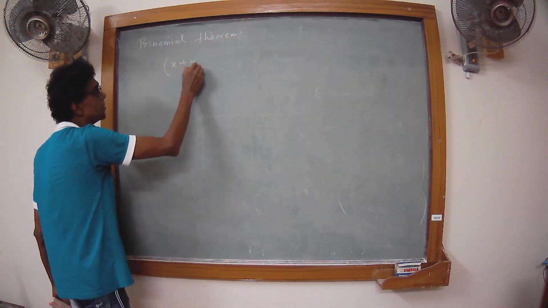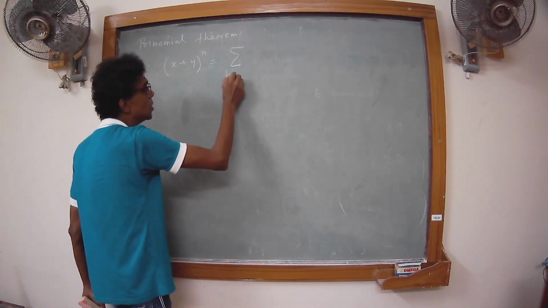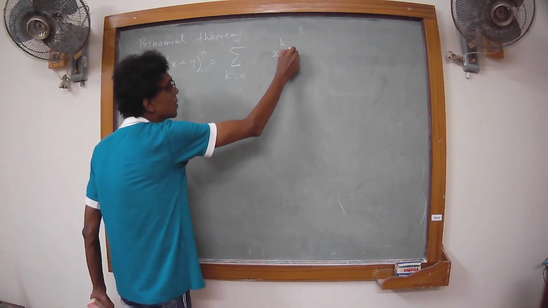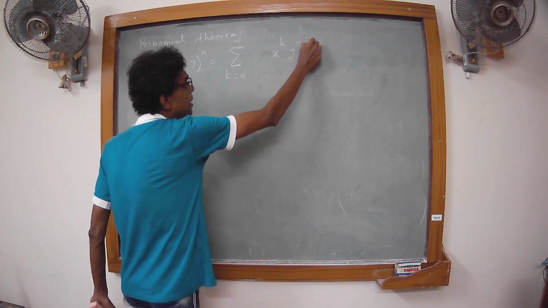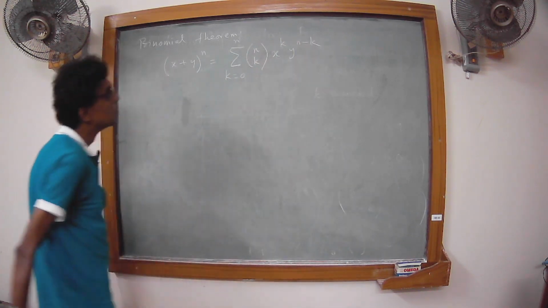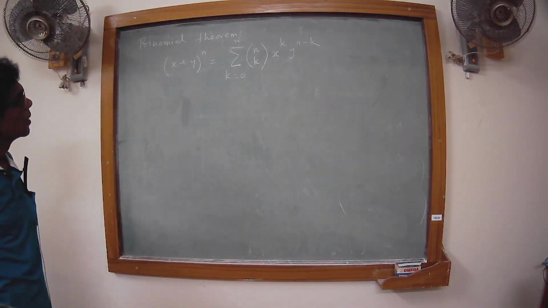So (x plus y) whole power n is summation k equal to 0 to n of x power k y power n minus k, n choose k.